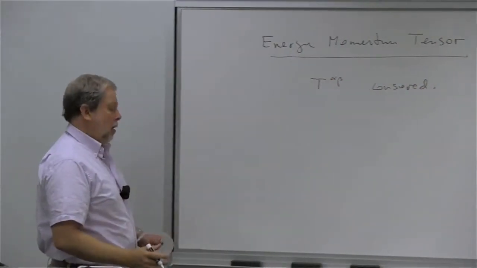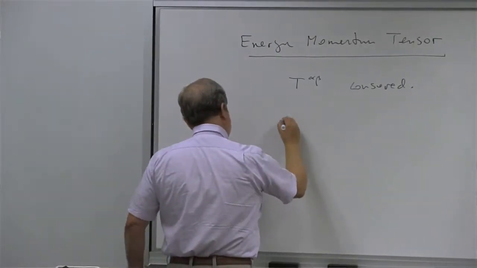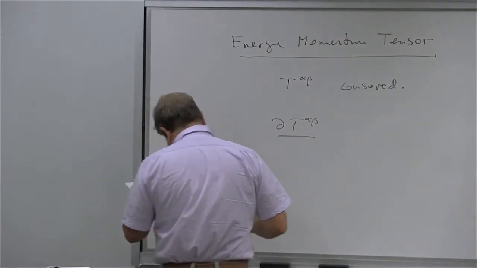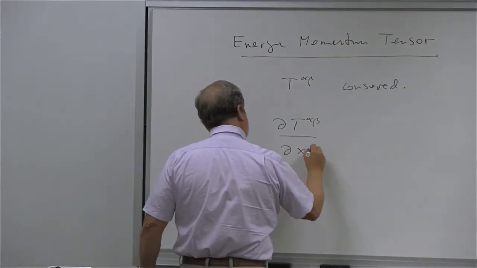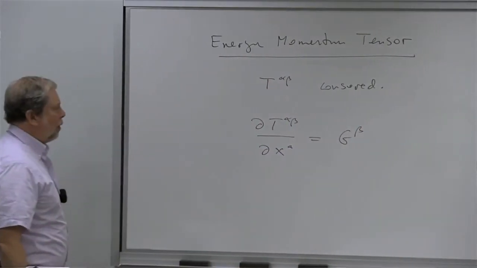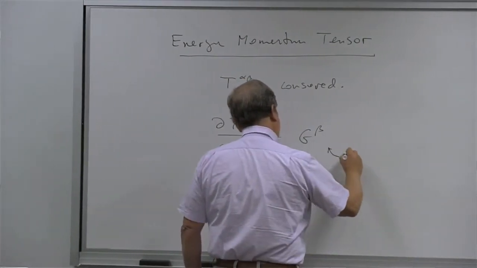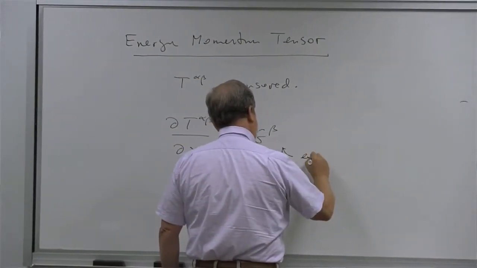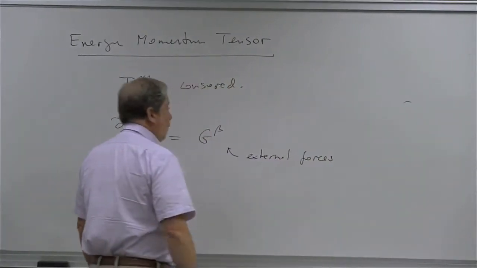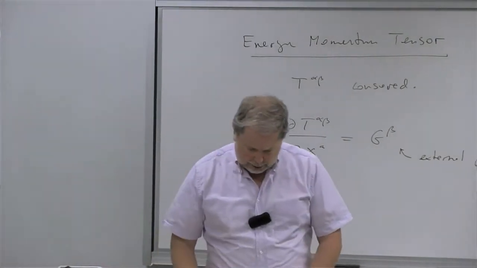Conserved quantity. And so we had, in particular, dT alpha beta with respect to x beta, the derivative with respect to some coordinate, equal to 0 if there were no external forces. So these represent external forces. If the external forces are 0, then the energy momentum tensor is conserved in special relativity.